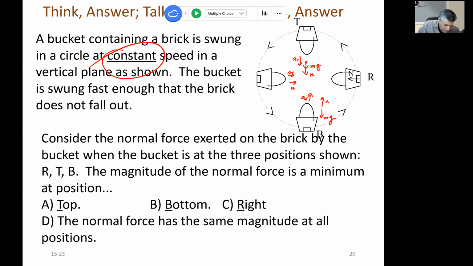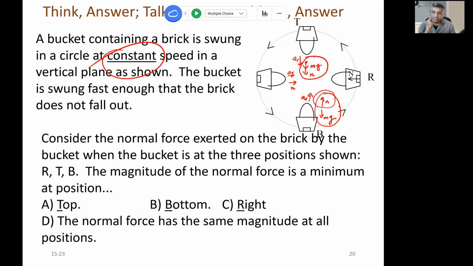But the brick doesn't have tension, but normal force. So to get that speed, there are two forces working, normal and mg. Two forces providing it. Over here, what's happening? Only normal is providing that speed.